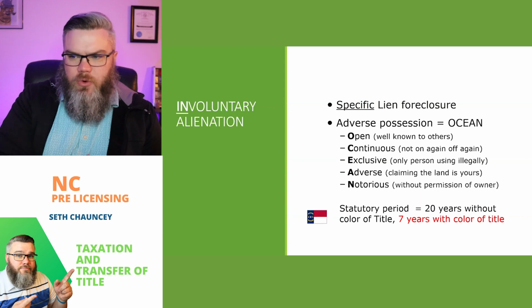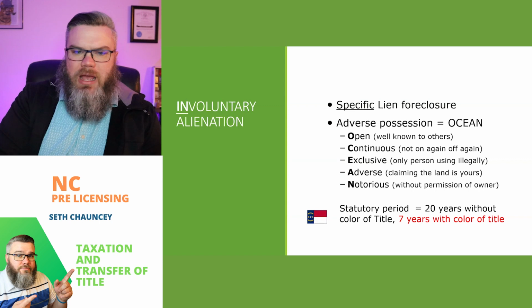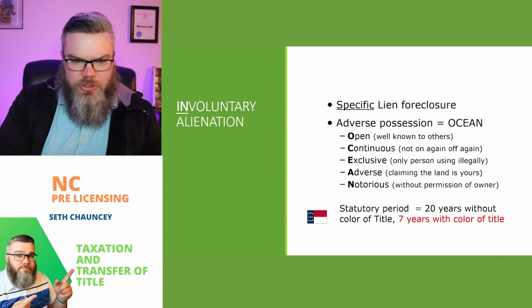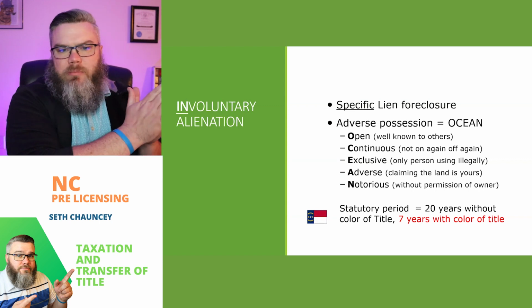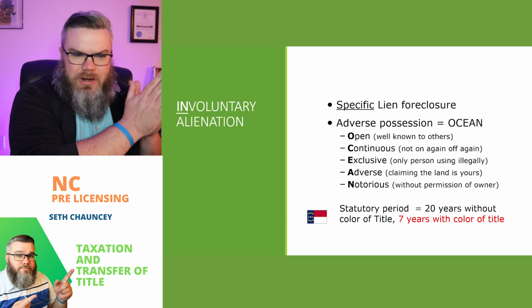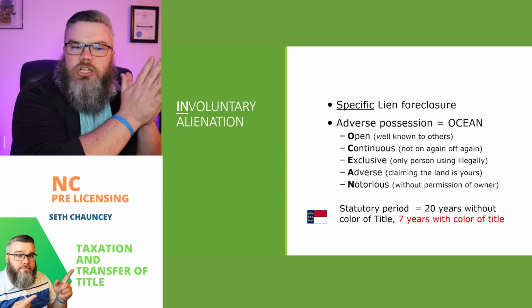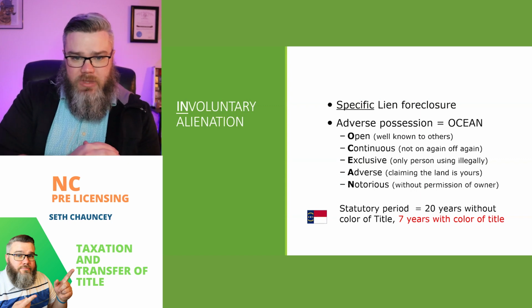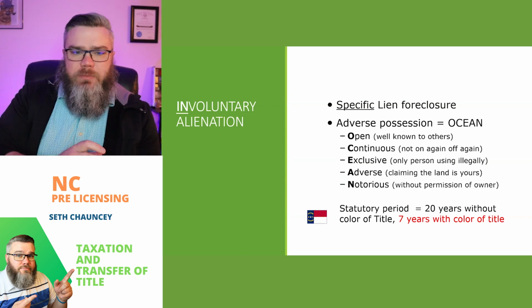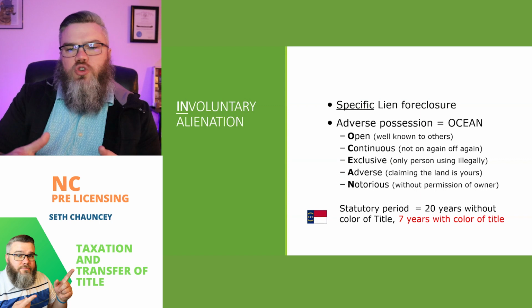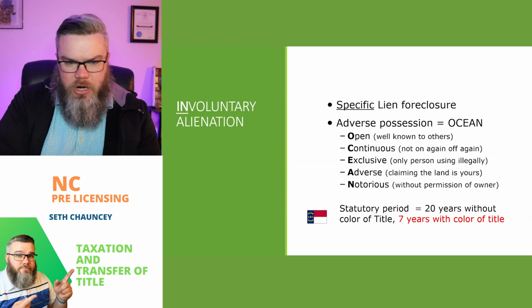So you see on this screen, it's the exact same criteria as the easement by prescription. It's just that in easement by prescription, you are basically stating that you should get to continue to use the property. In adverse possession, you are claiming you should now own the property.